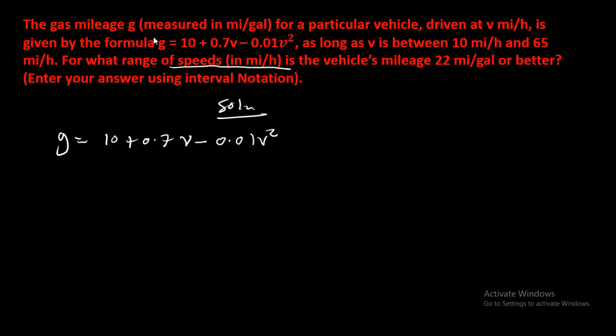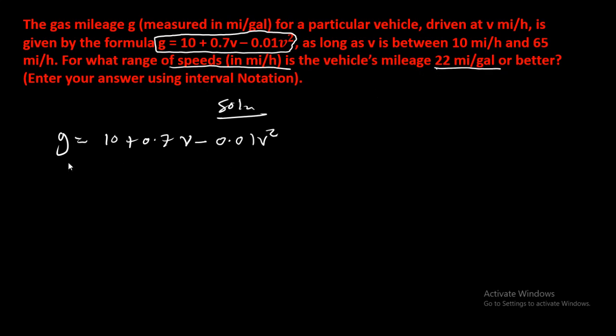This is the equation we have been given, which is the relationship. After we do that, we can look at what we have been asked. We need to determine the speed when G is 22.